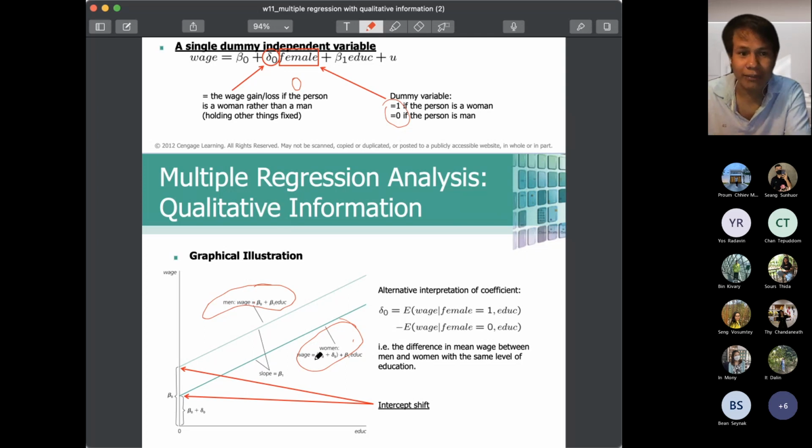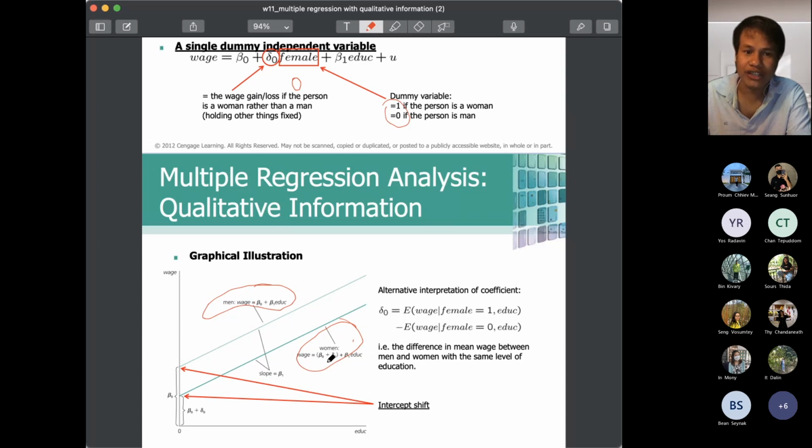So the difference between the men's wage equation and women's wage equation is just this. The difference here is just delta 0 plus this delta 1. So this is the difference.